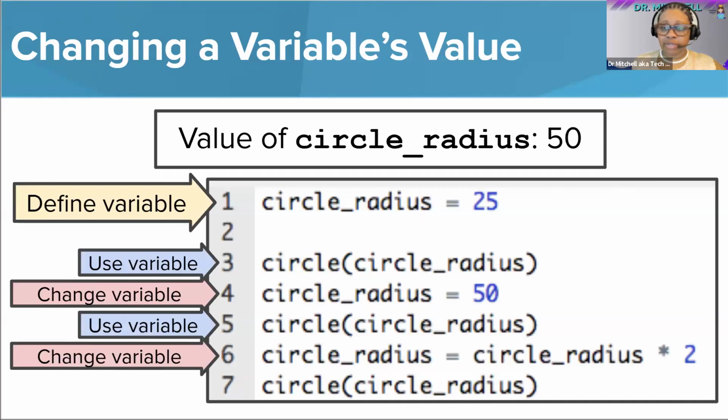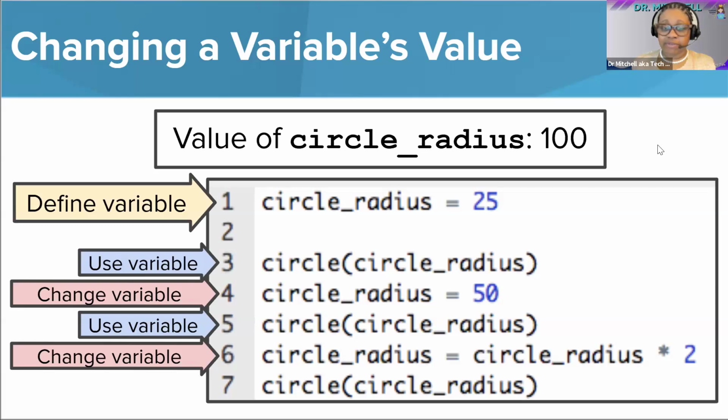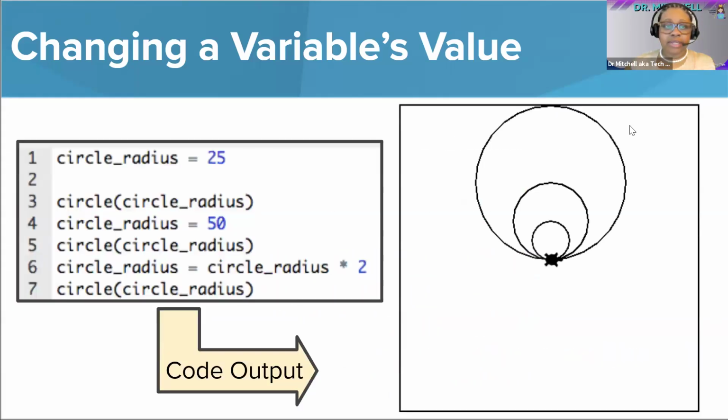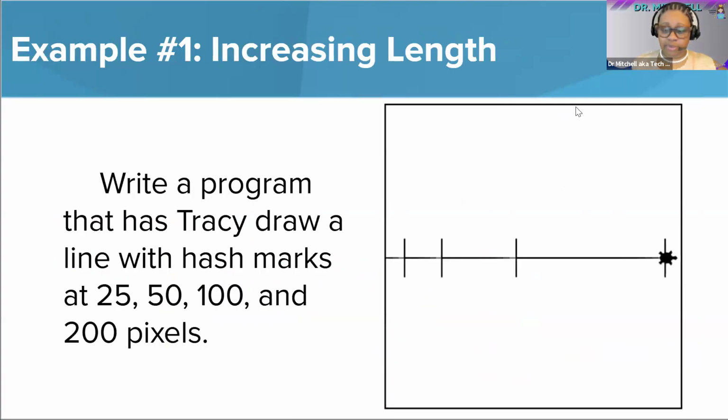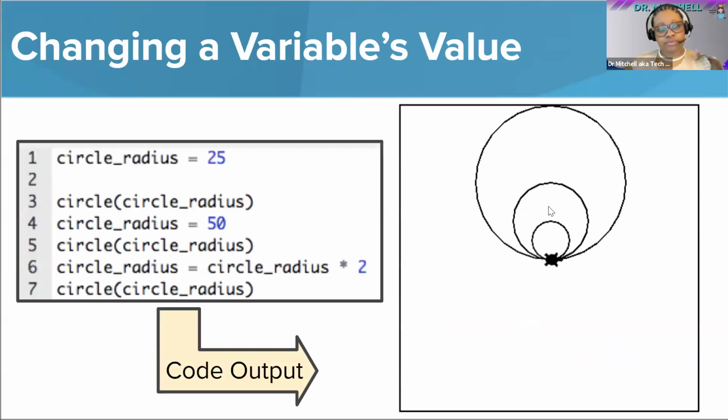So 25 times 2 gave us that 50. And we use it again. Now, changing a variable's value, this is what the code output would be.